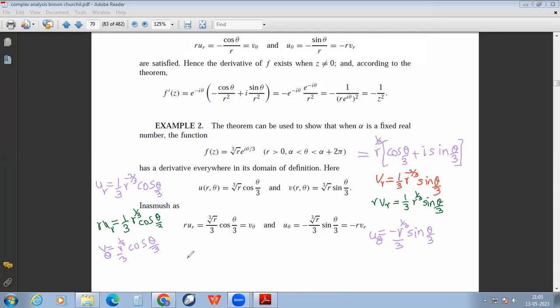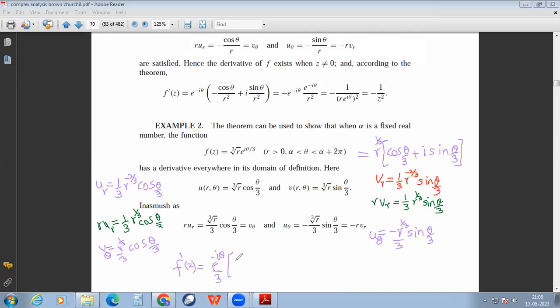What will be the derivative then? F dash z. It will be e raised to minus i theta out, and inside what you'll write? U r plus i v r, is it? So u r is again on the same lines, one third let me take out.